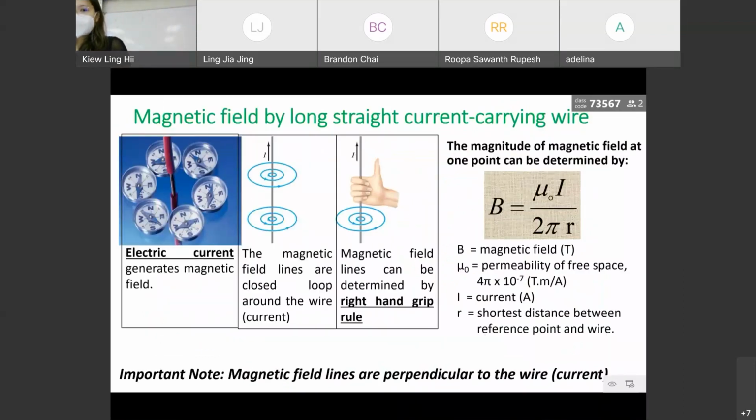Magnetic field of a straight wire. So a long straight wire like this. How do we determine the direction of the magnetic field? By using the right hand grip rule. For the right hand grip rule, there are two properties here. Your thumb shows the direction of current, and the fingers show the direction of magnetic field.